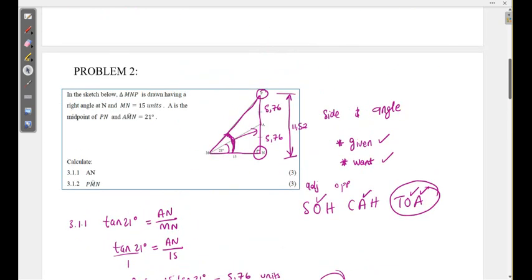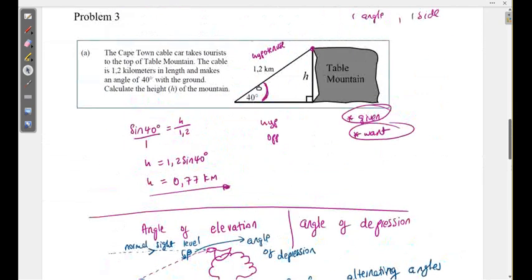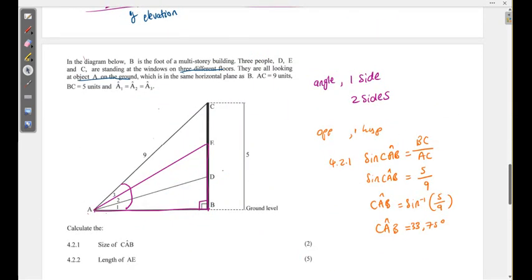When you wanted AN, you were given an angle and a side, isn't it? Perfect. When you wanted PMN, which was this large angle here, you had one side and one side, isn't it? You had two sides. It's always like that. And I need you to know this, good people. You must always know that if you are given two sides, then we are looking for the angle.